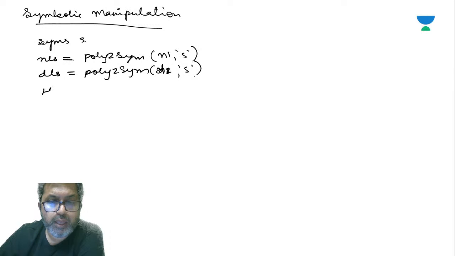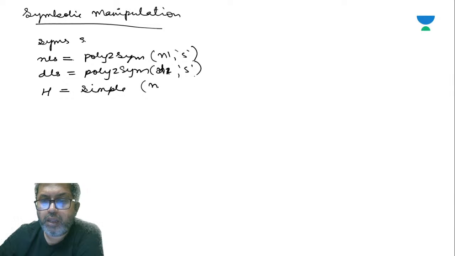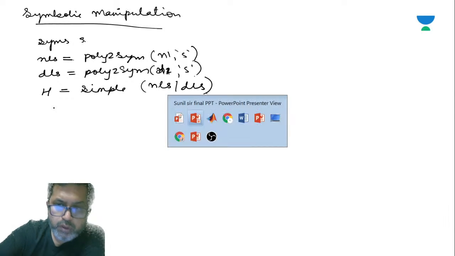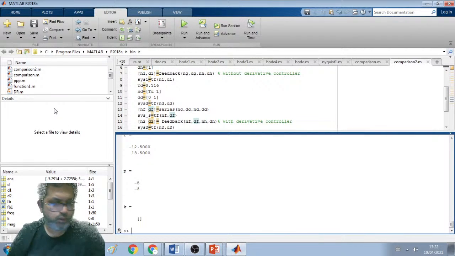H is equal to simplify NLS comma DLS. So this is the one thing you can write down. We will do hands-on on this.